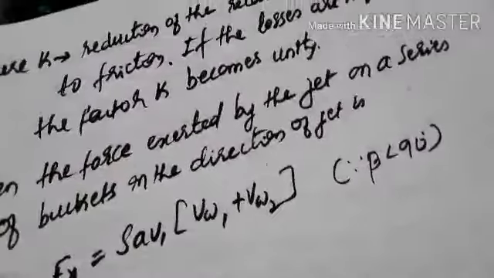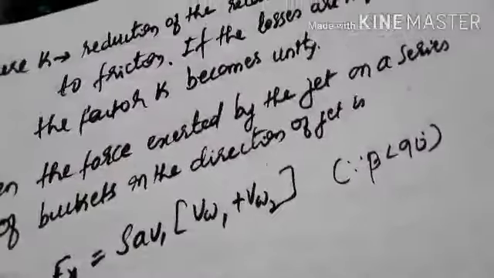Finally, after differentiating, you will get the velocity of vane to be half the jet velocity, or you can take the ratio of u by v. So u by v1 is equal to 0.5, and this is represented as ku, where ku is called the speed ratio. Remember, as we earlier discussed, it is the ratio of wheel to jet speed, and the value will be 0.5.